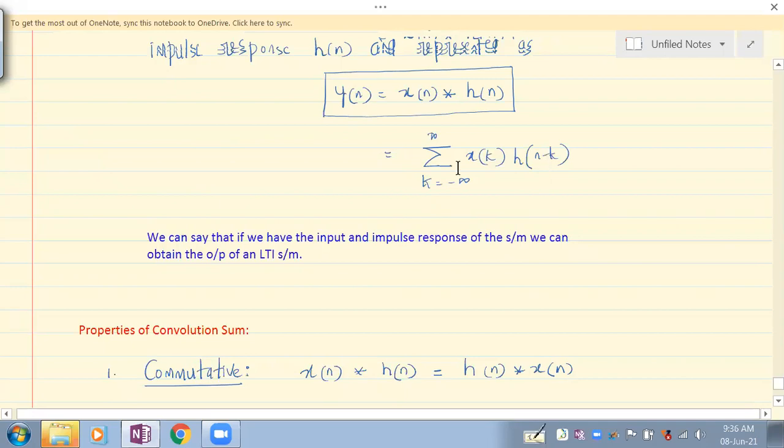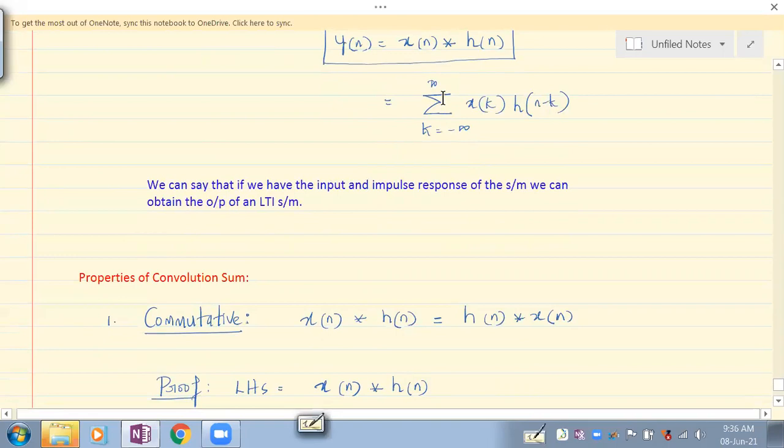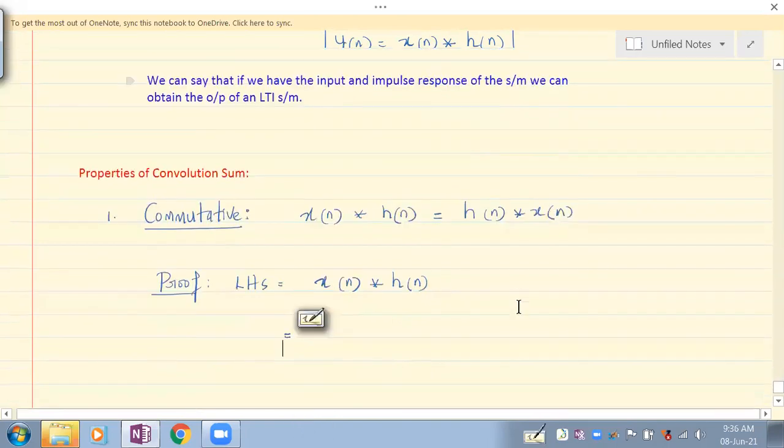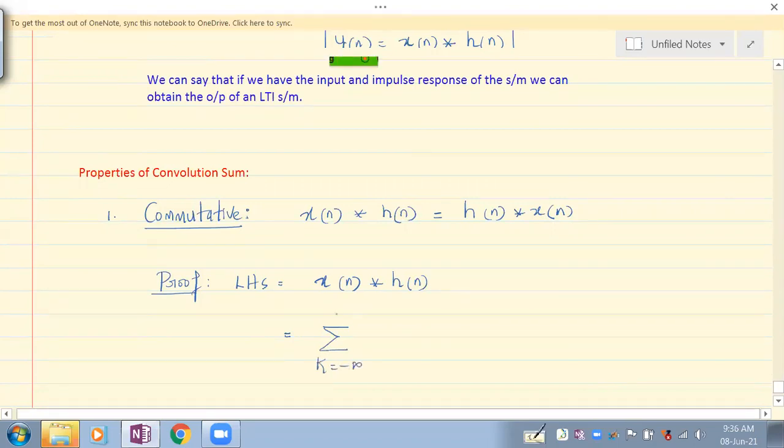Fine. So it's summation k ranging from minus infinity to plus infinity x of k into h of n minus k. Okay. So the second signal is h of n minus k. So this is the convolution sum of the LHS.